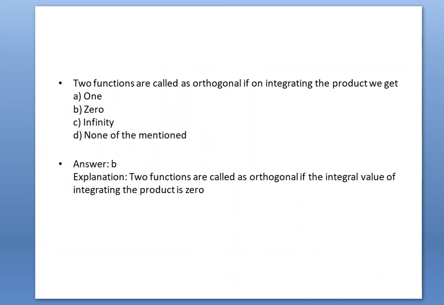Now we discuss a few multiple choice questions on noise, which we discussed previously. First one: two functions are called orthogonal if on integrating the product we get 1, 0, infinite, or none of these. The answer is B. Two functions are called orthogonal if the integrated value of the product is equal to 0.